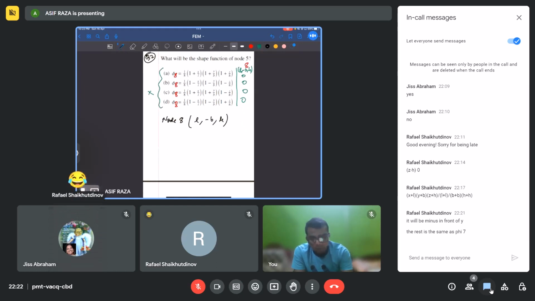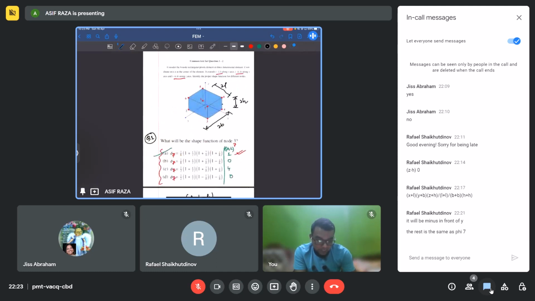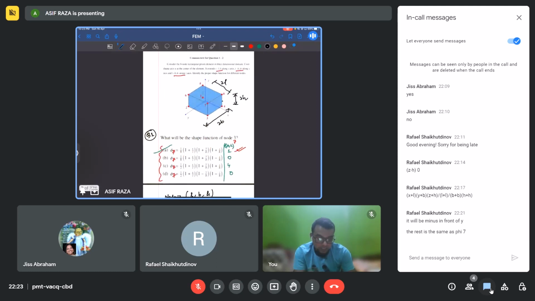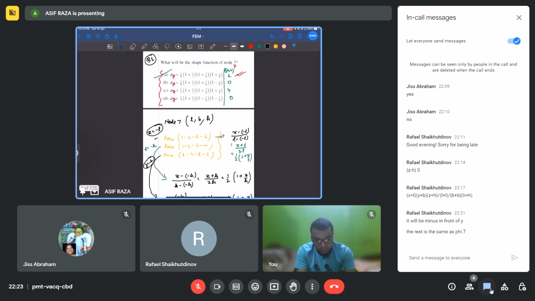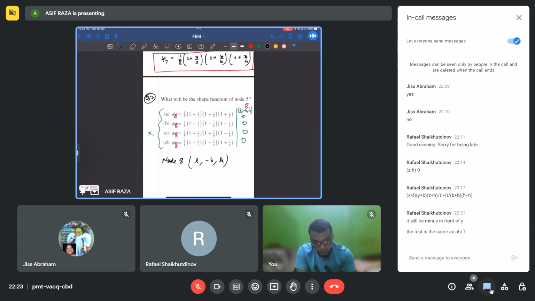So let's try to find what will be the answer corresponding to node 8. What will be the shape function? So as you said, it's similar to node 7, except that on the y part it will be negative. So the first phase, second phase would be same.